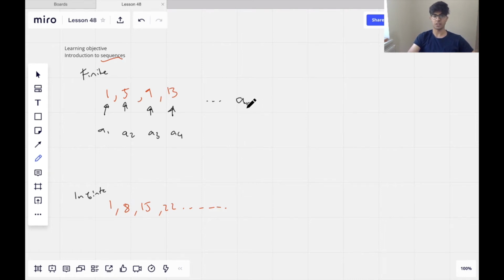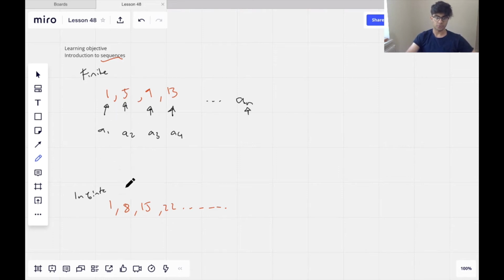So that's the nth term in the sequence. This is the first term, the second term, third term, fourth term. Of course, this is only a 4-term sequence. So if I was to say a3, I'm referring to the third term in the sequence. That's the notation we have in general for referring to it.